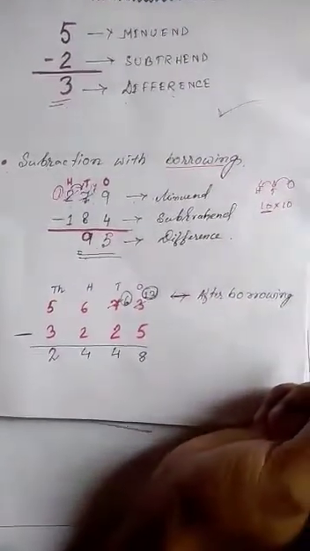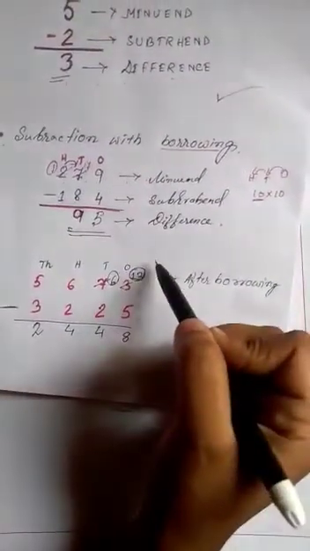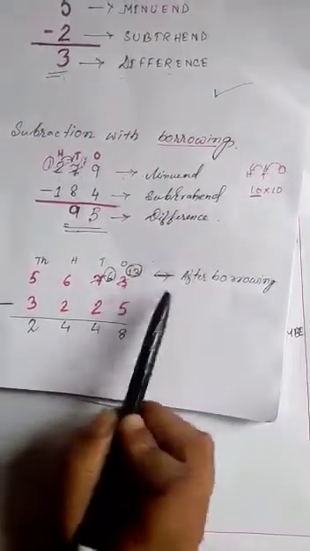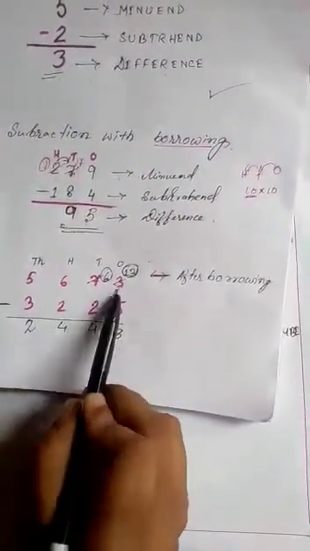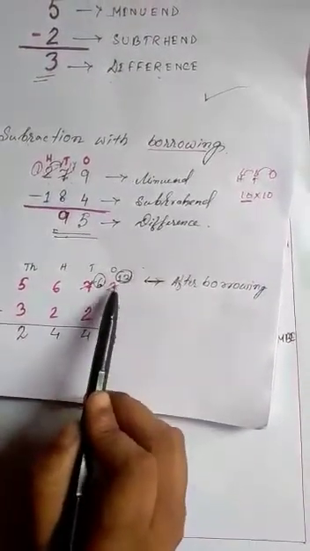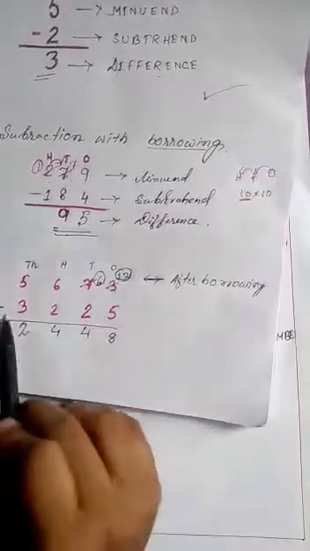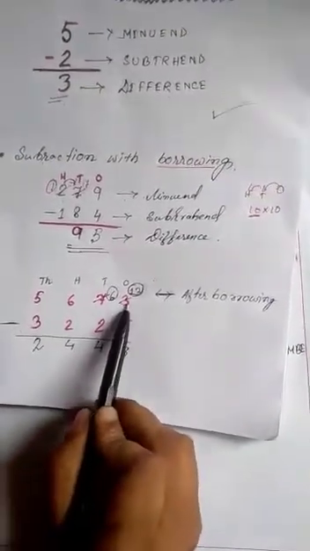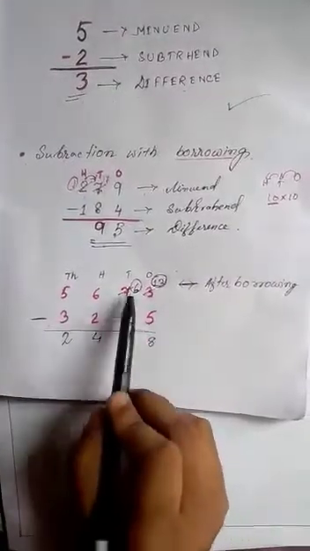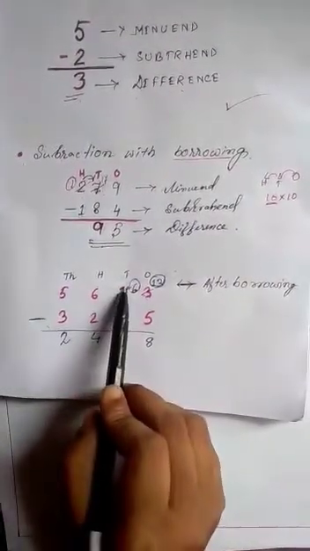Is that clear students? Now one more example you see. There are 3, it is the ones place digit, we have to subtract first. So 3 minus 5 is there, so 3 is the smaller number, that's why you cannot subtract 5 from 3. That means we have to borrow 1 from the tens place digit.